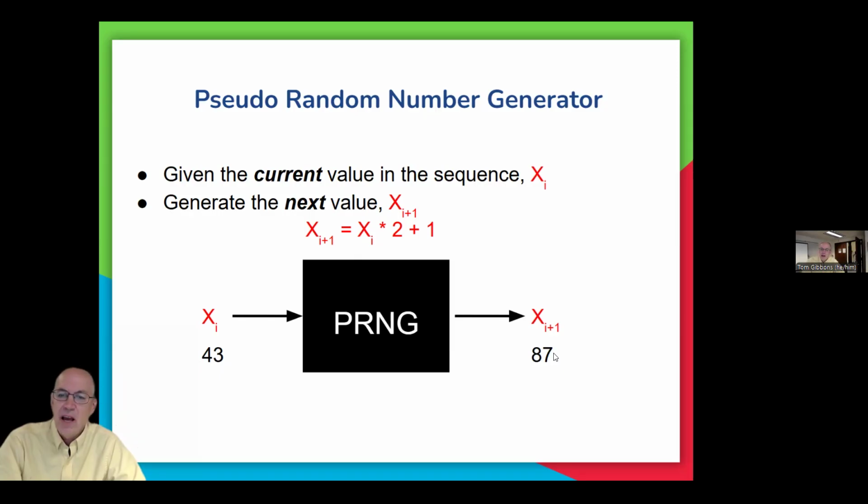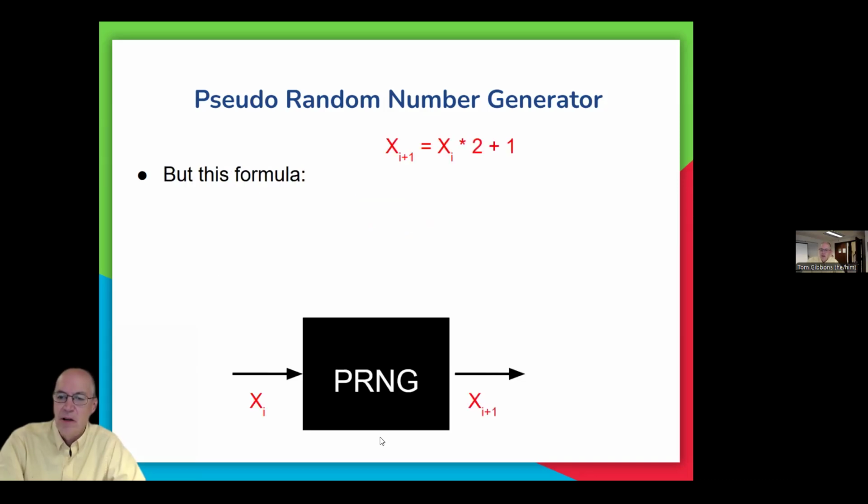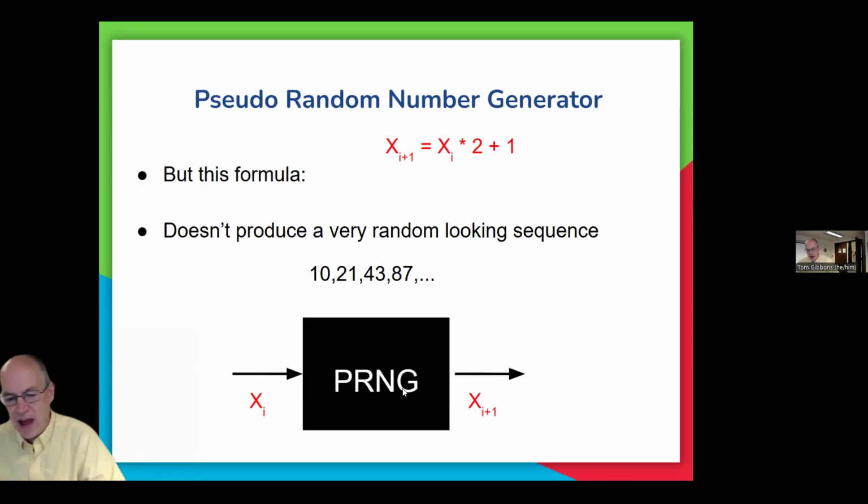So we just take whatever the new number is and put it into the equation again. So here's our sequence of numbers.